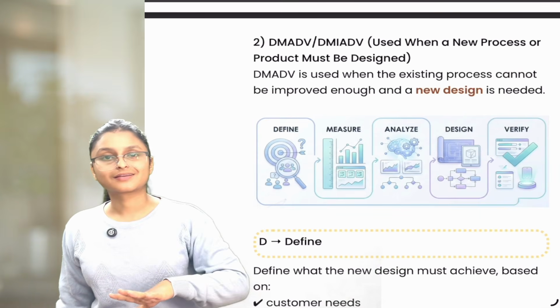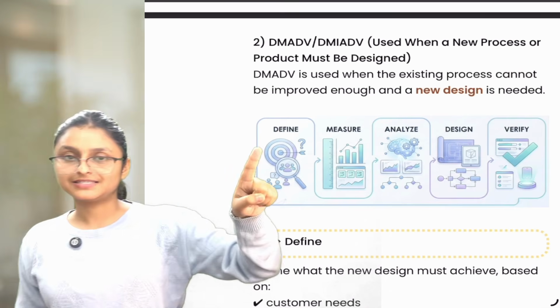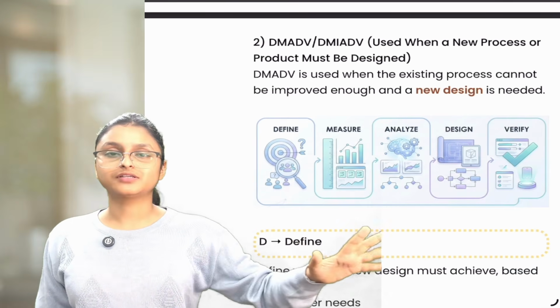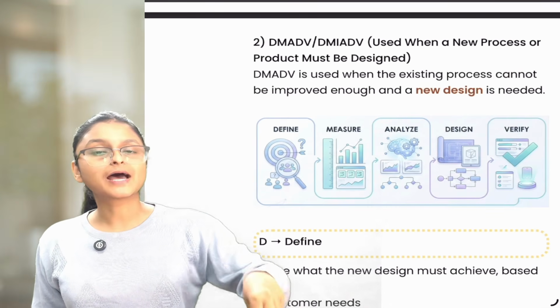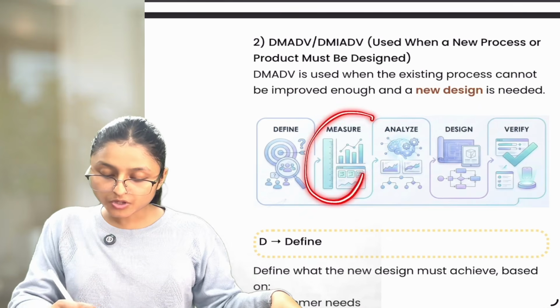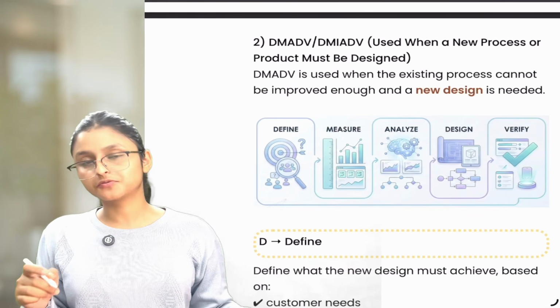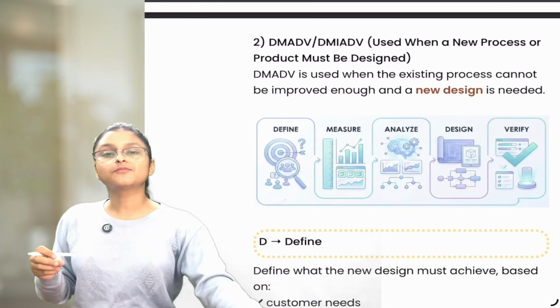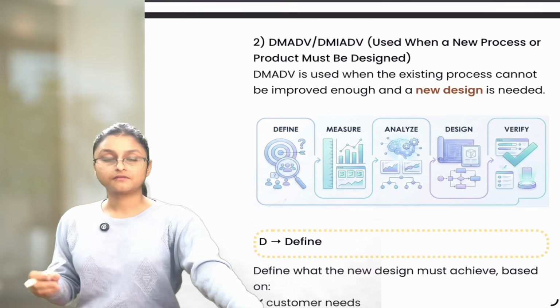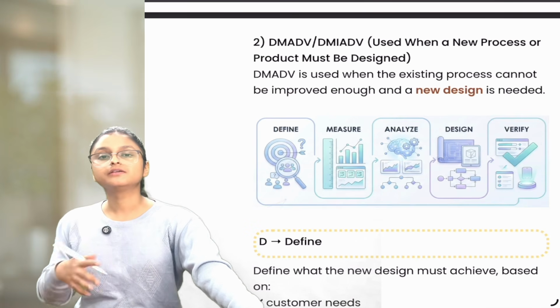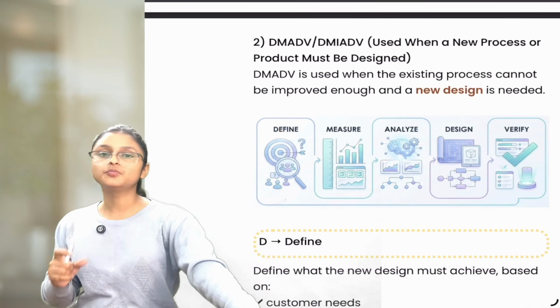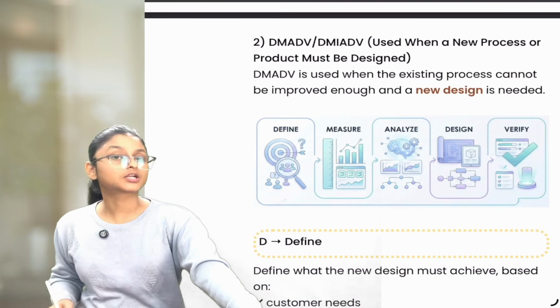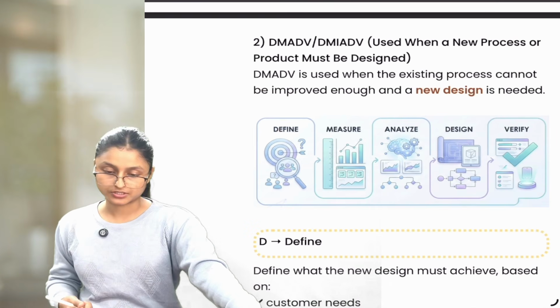Next, we will measure. In DMAIC, we had earlier processes, so we measured what is happening right now. But here what we will measure? What our customer wants. So first we will identify what all things we want to achieve with this particular process, and then we will measure it in numerical terms so that we can achieve that particular output or particular efficiency.